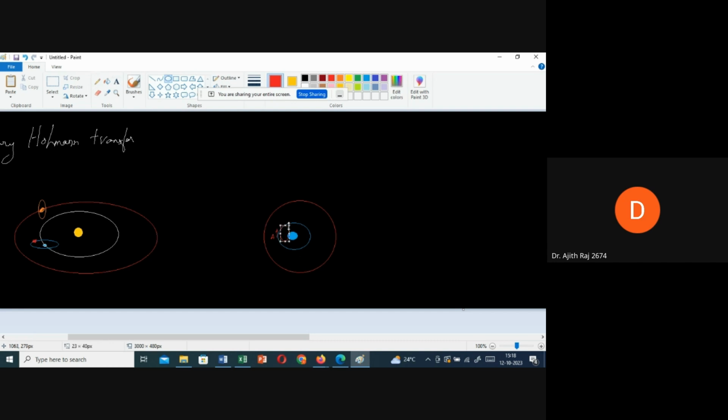You converted from this circular orbit by giving a velocity kick over here. This circular orbit is being converted to an elliptical orbit, and the spacecraft was revolving like this.